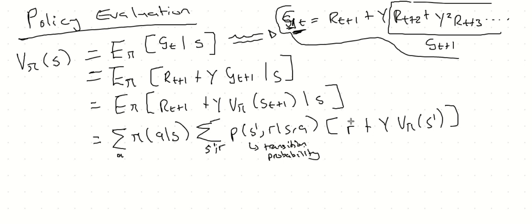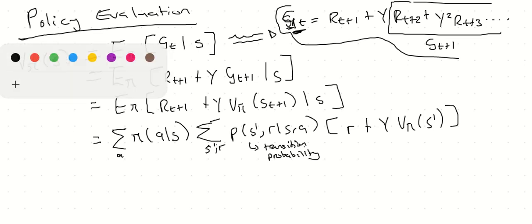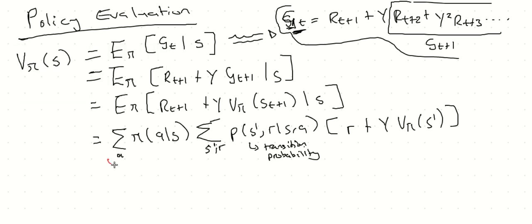Of course, you're probably wondering how we actually got to this stage. We just broke down this expectation, so let me break down these terms one by one. Let's start with this term over here.